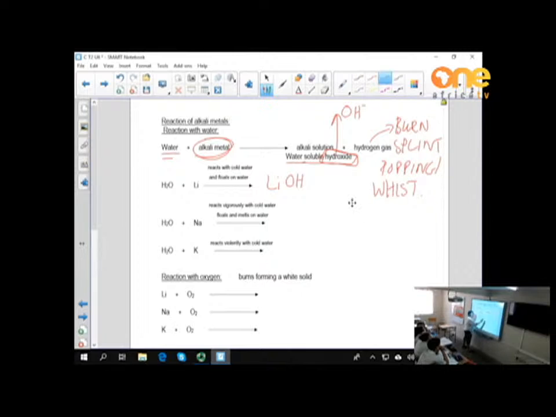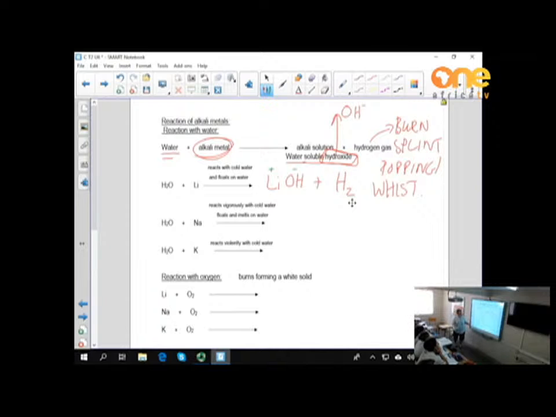Now, lithium has a +1 charge, hydroxide has a -1 charge, so the formula remains as it is, lithium hydroxide. Together with the lithium hydroxide, what are we going to get? Hydrogen gas. Why do I write hydrogen gas as H2? Hydrogen is diatomic. All the diatomic elements, if they occur alone as an element, get a subscript 2.